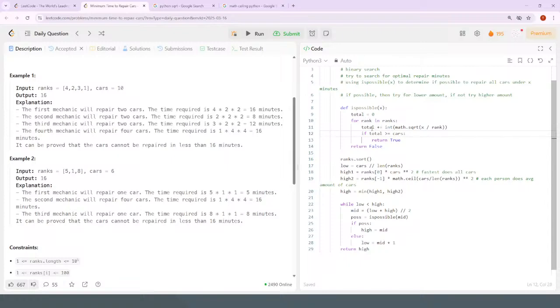Each rank in your ranks. If your total is greater than or equal to your number of cars, is there a way to not do the if statement when it's far away?